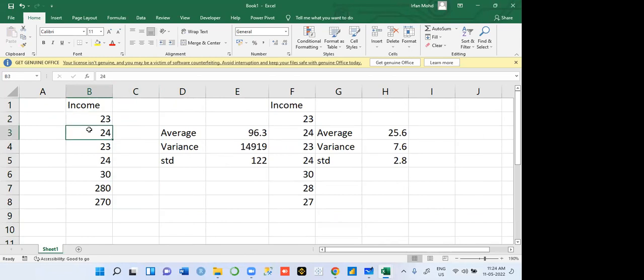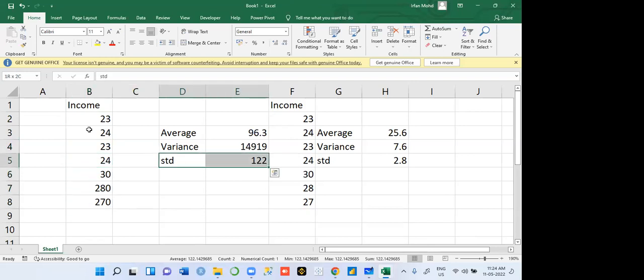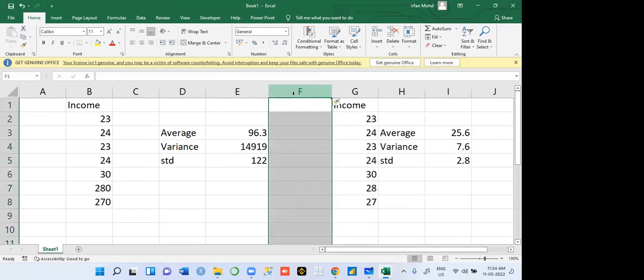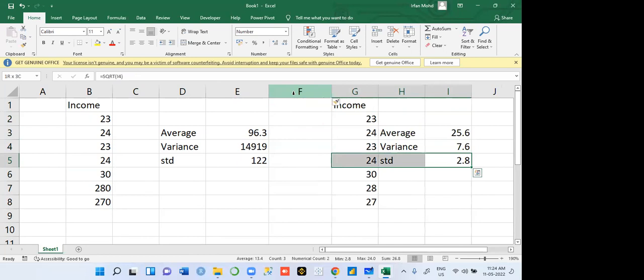Second, 24, 23, 24, 30, 2,80,000, 2,70,000. How much standard deviation do we have? 1.122. So can we say the difference between employees is 1,22,000? Can we say the difference between employees is 2,800? Acceptable?